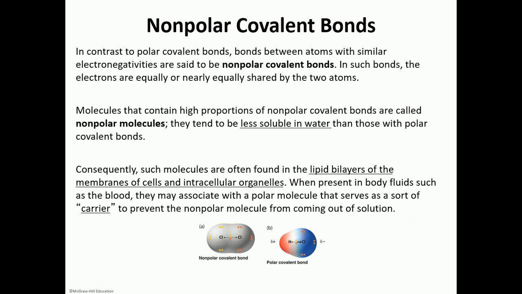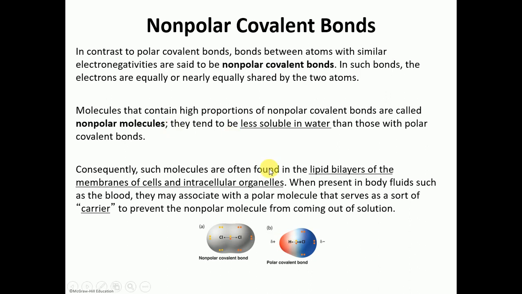And so this is really something you want to keep in mind, that in order to dissolve in water, a molecule would want to either be ionic, okay, or polar. So a nonpolar molecule is very hard to dissolve in water. But they are important, okay, meaning that these can form barriers between cells.